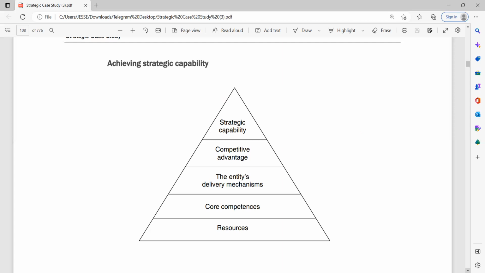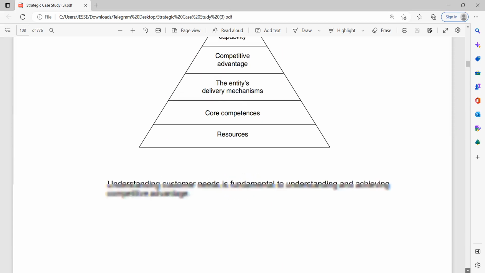And if they are able to deliver this so well and their competency is very, very good, then they gain competitive advantage. If they gain competitive advantage, then that becomes a strategic capability for them, right? So remember this pyramid. It's very, very important. For those who are fans of acronyms, you can create an acronym for this to serve as a memory aid.